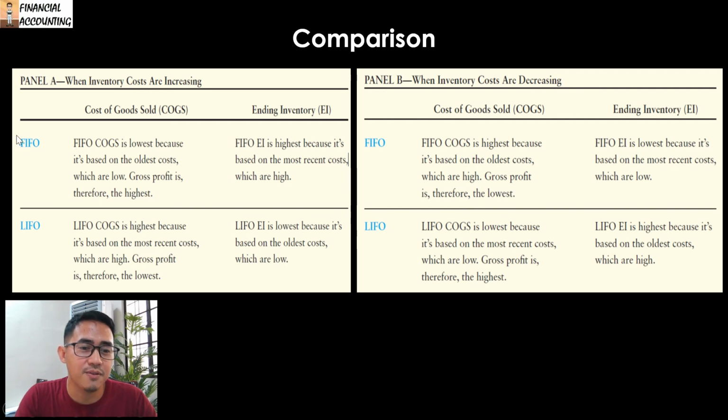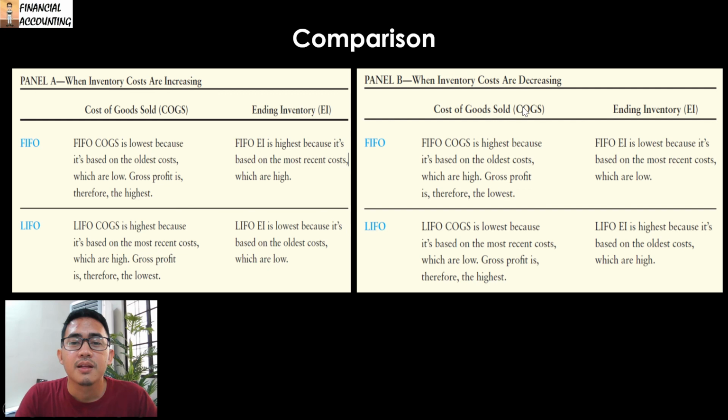That's why if we use FIFO, our cost of goods sold is lowest and our ending inventory is highest. If we use LIFO and the inventory costs are increasing, our cost of goods sold is highest because we are using the latest cost, and our ending inventory is lowest because we are using the early cost.